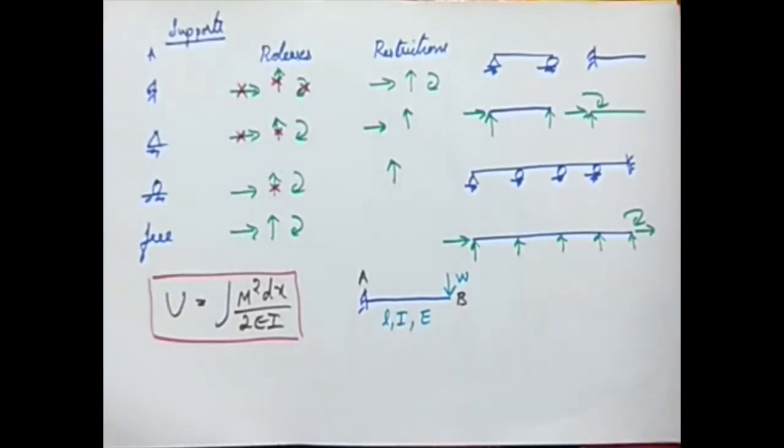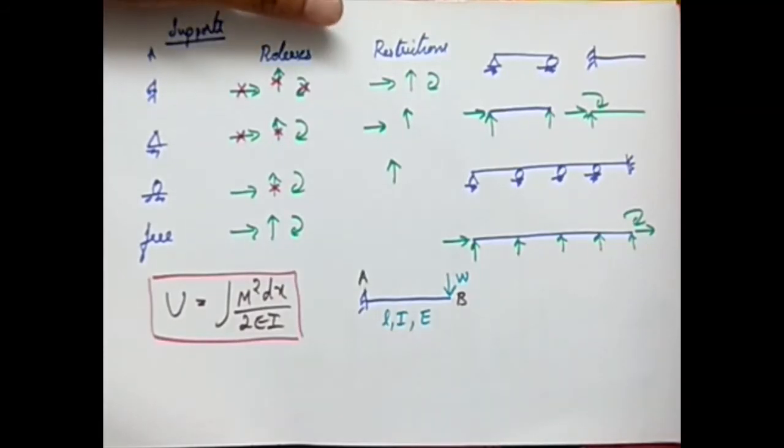Now, when we think about constructing this particular equation, that is U equal to integral M square dx by 2EI, there are certain things that you need to concentrate on. So the easiest way to approach this problem is to have it in a tabular column.